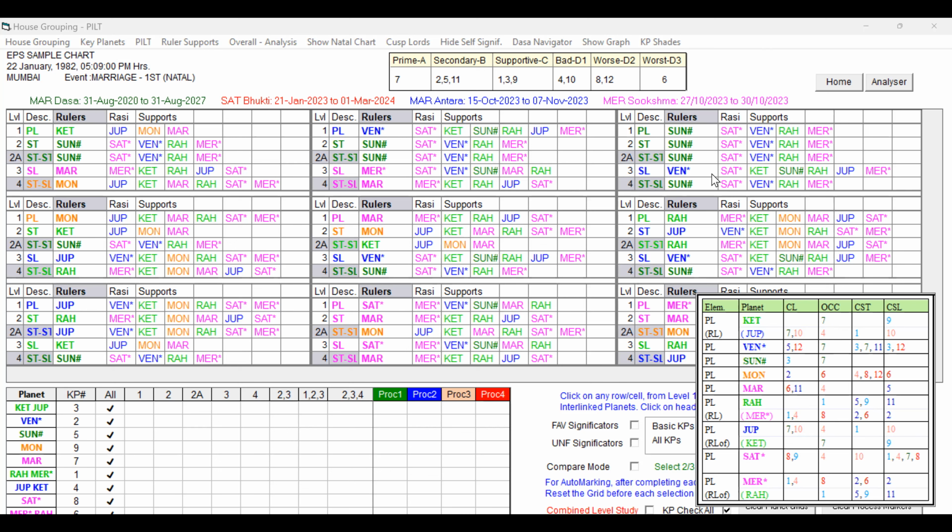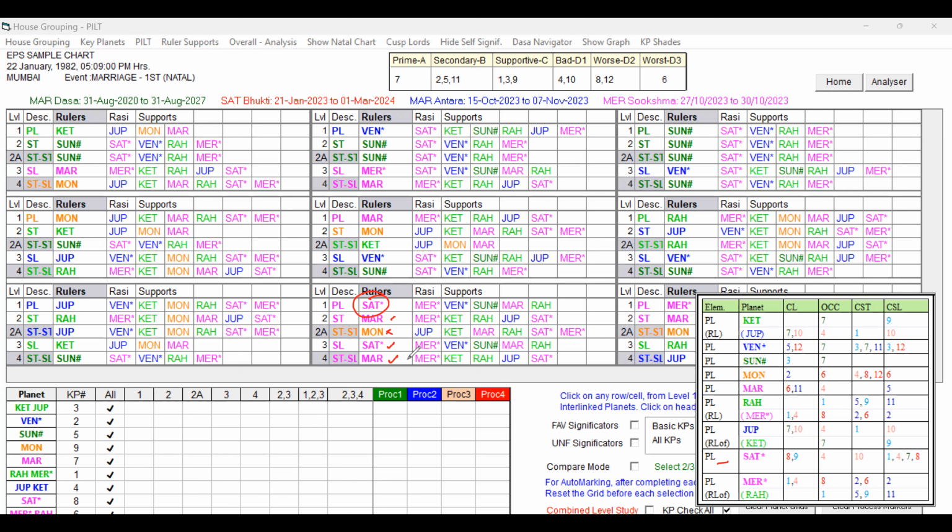So check whether the favorable key planets are present or unfavorable key planets are ruling the destiny. Destiny planet Saturn is pink shade. You can see pink means it is a mixed one. Star level also mixed, 2A level is weak. Sublord is mixed. So star lord and sublord are also mixed. They are not unfavorable. It is having both favorable and unfavorable.